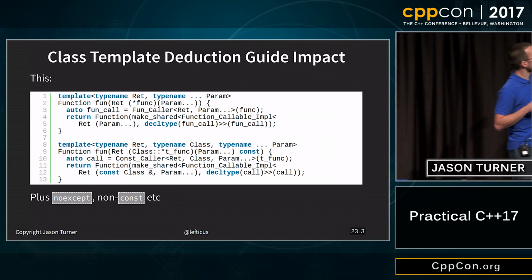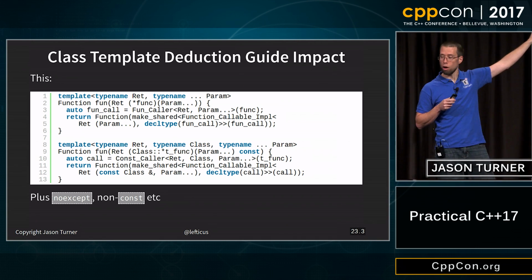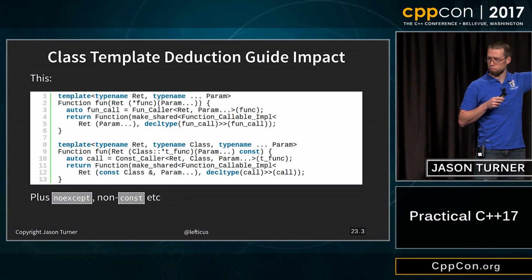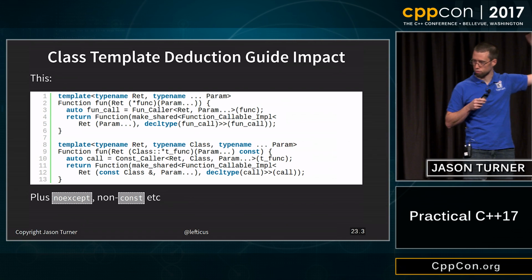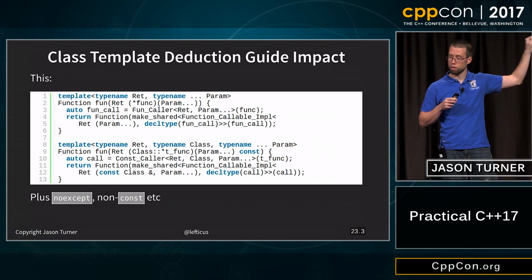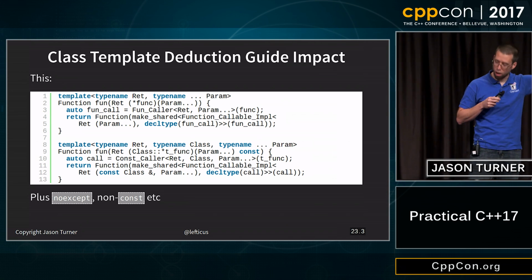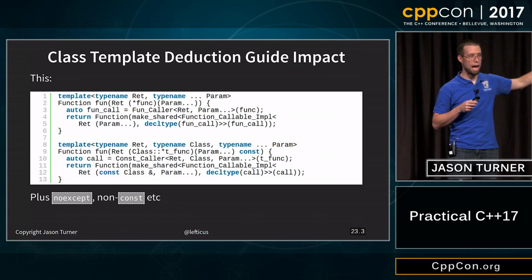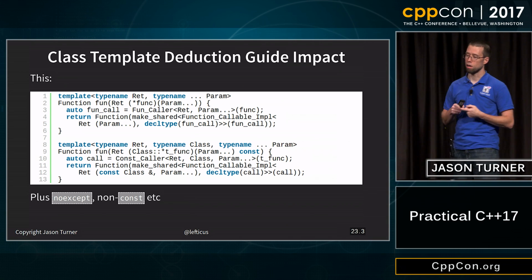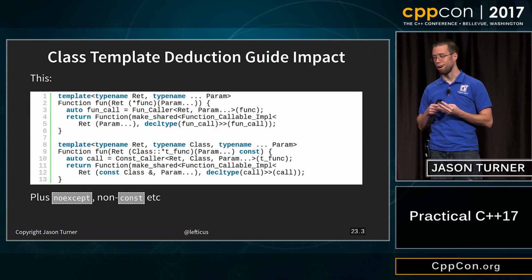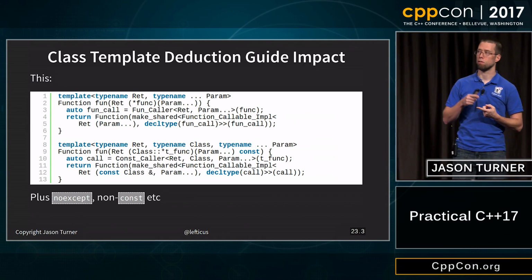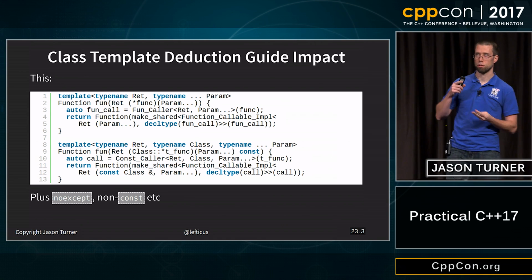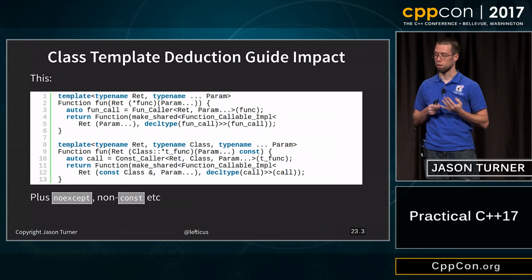So in CppCon, I did have many overloads that looked like this, where the first one is a function pointer, the second one is a const member pointer. And that's 2 of the very many that I had, because I needed these for const, non-const, noexcept, not noexcept, and member functions versus free functions versus member variables.